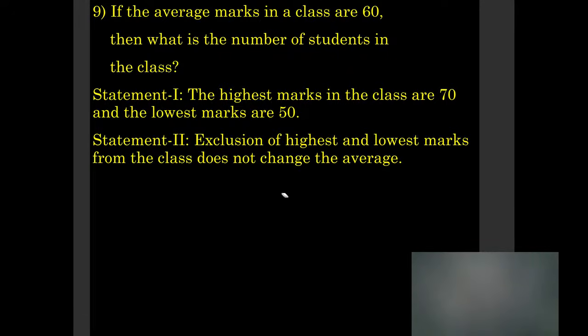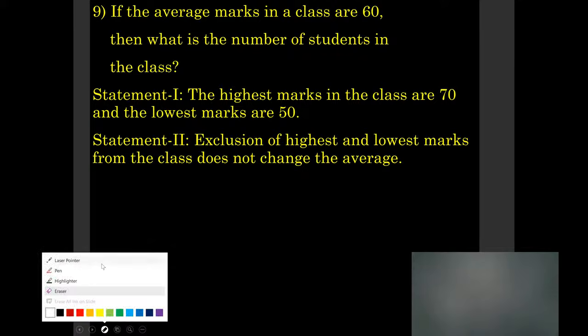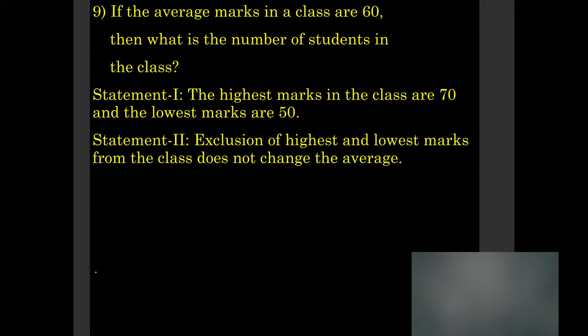Exclusion of the highest and lowest from the class doesn't change the average means again here also we cannot get the answer. Why? If you observe, the highest is 70 and the least is 50.